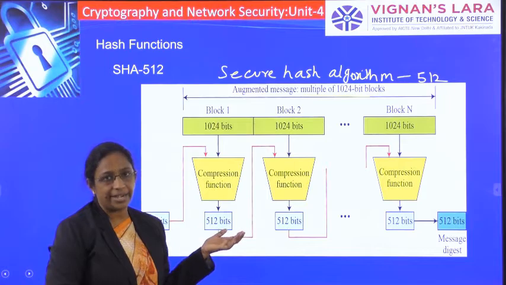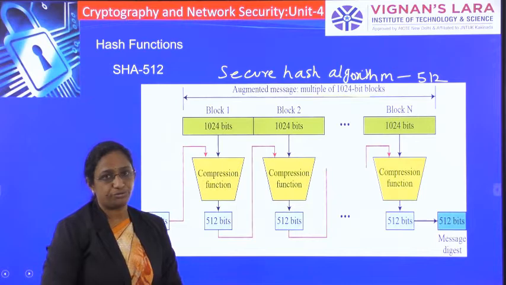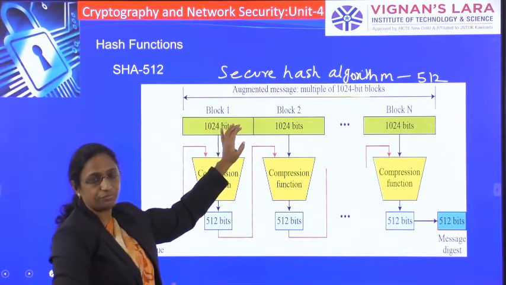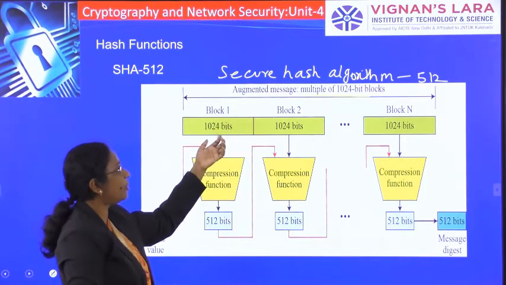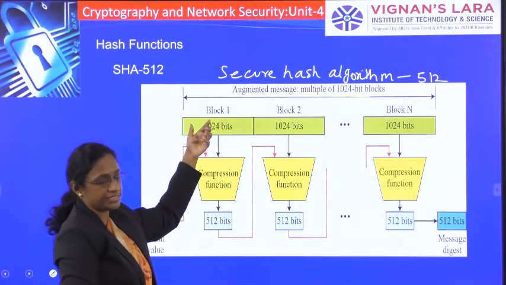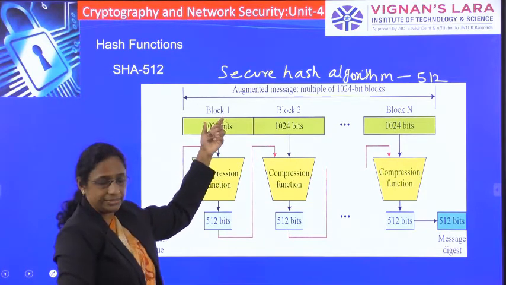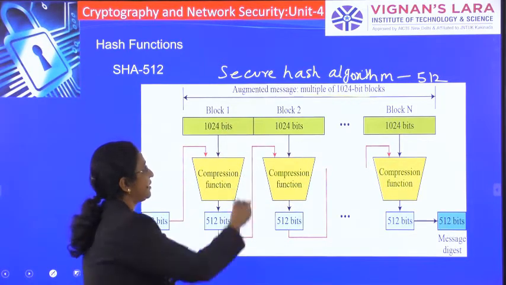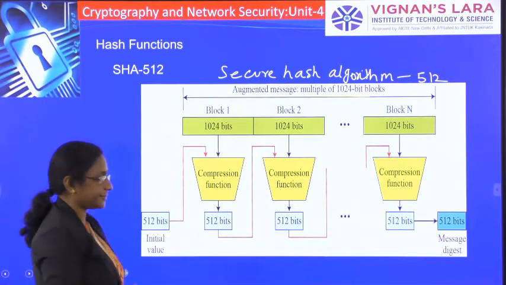By adding padding bits, you can make the message a multiple of 1024-bit blocks. After that, you will divide the message into n blocks, where each block is of size 1024 bits.